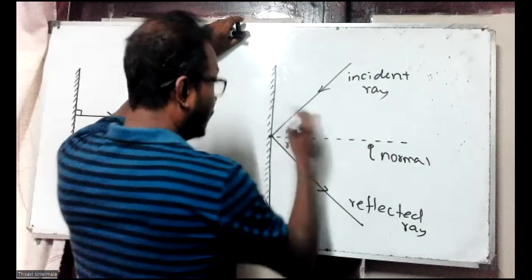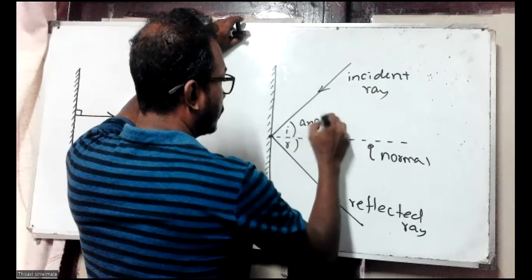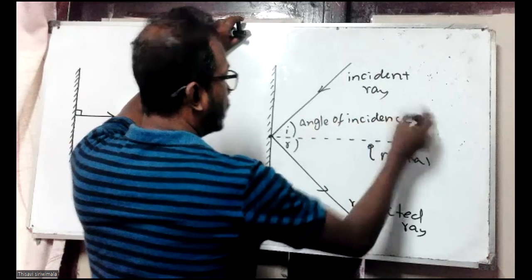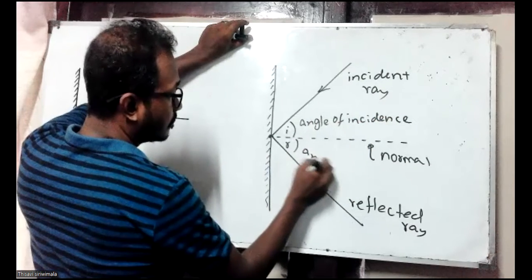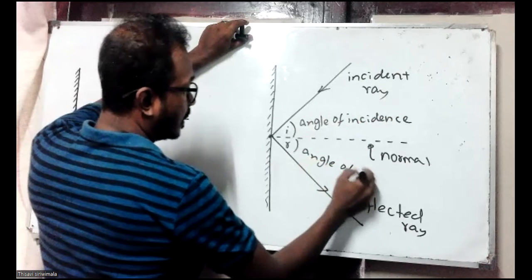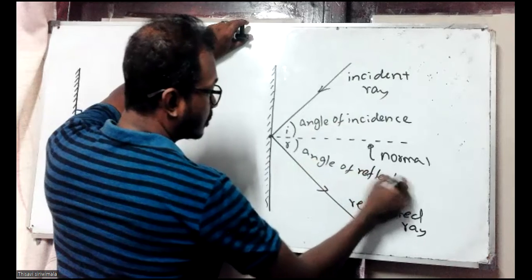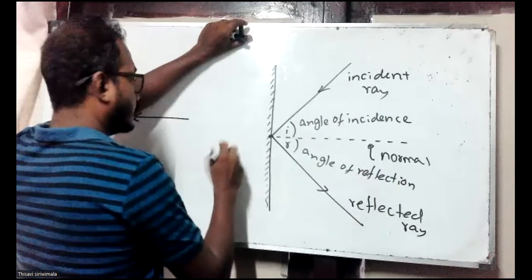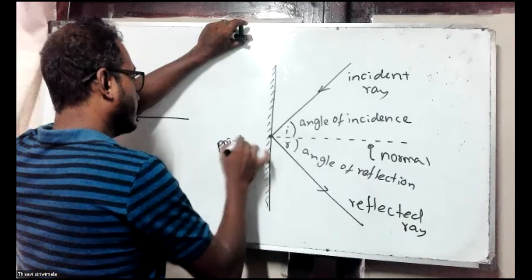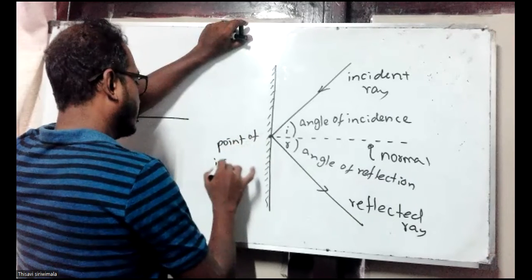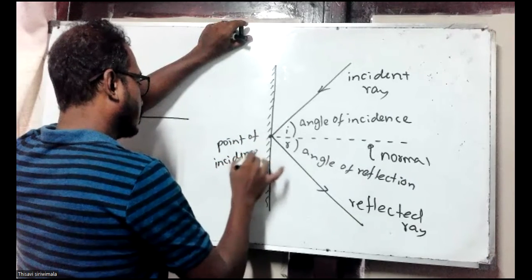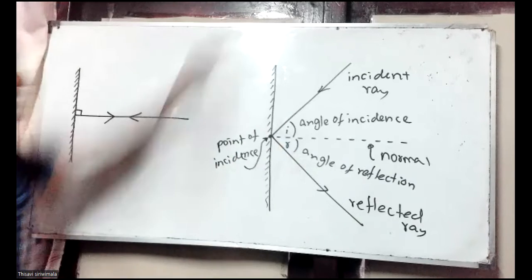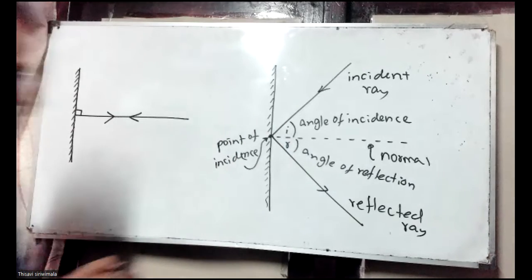I is the angle of incidence, R is the angle of reflection, and this is the point of incidence. So these are the parts you can name.